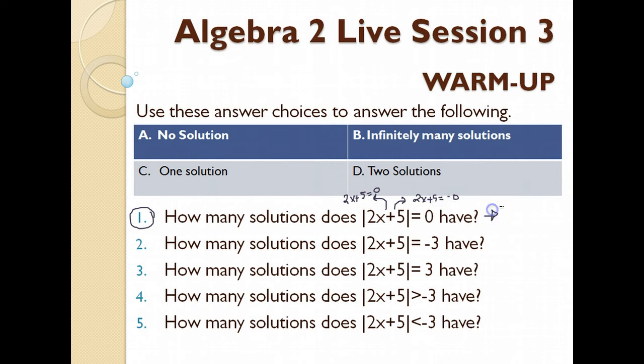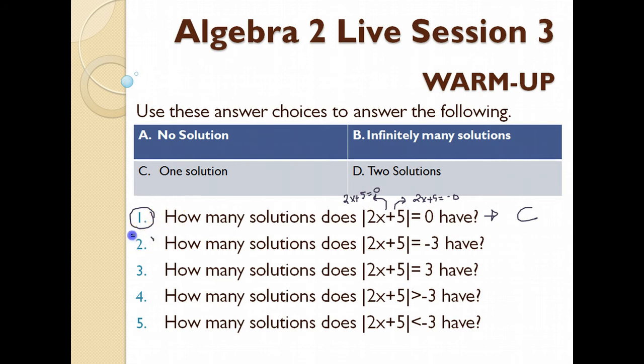Essentially, you will just get one answer. So the answer is C. There's only one point that is zero distance, where the absolute value is 0, and that would be negative 5 over 2.